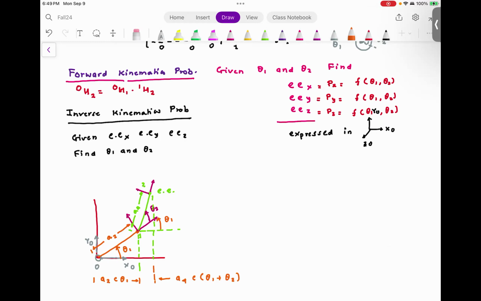Now here, same logic. This distance is going to be A2 sine theta 1, and this distance is going to be A4 sine theta 1 plus theta 2. Are you with me?